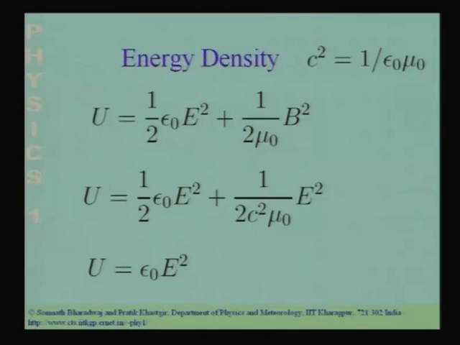If the electric field oscillates with angular frequency omega, the energy density depends on E square. As we have already seen in the first lecture, the instantaneous energy density is also going to oscillate, and it is going to oscillate at twice the angular frequency of the electric field.